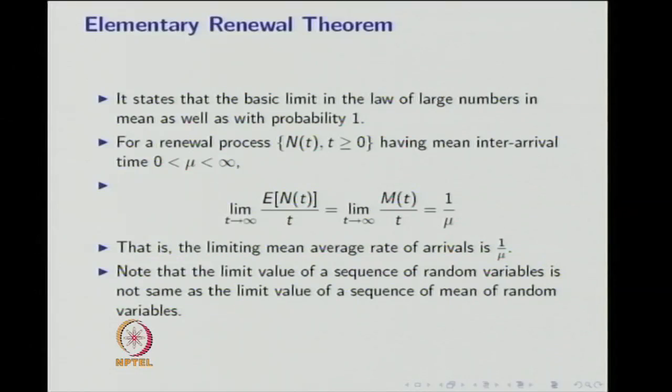N(t) is a random variable. The expectation of N(t) for fixed t is a constant. So here we are finding the limit as t tends to infinity of the expectation of N(t) divided by t, that is 1 by mu.